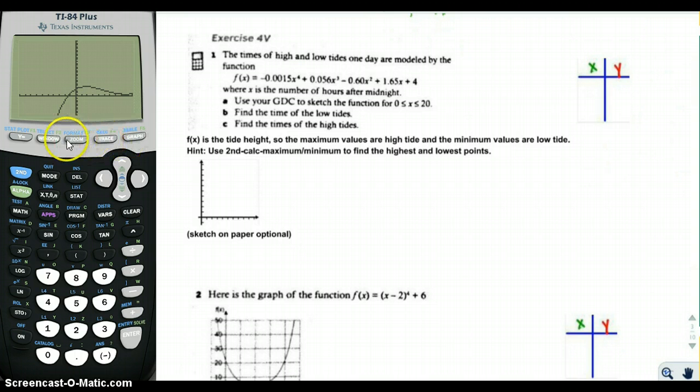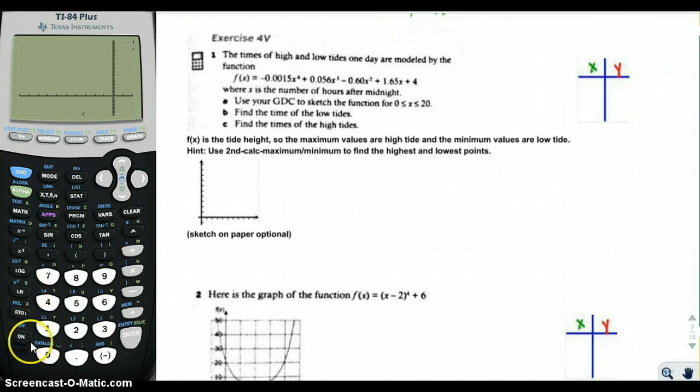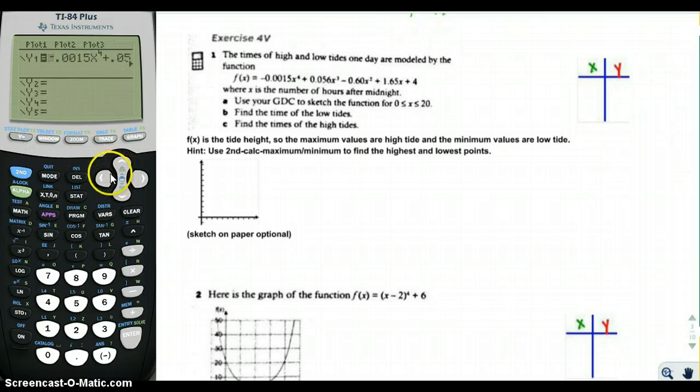Okay, and then we just need to fit a little bit more in here because it did say to graph it till x equals 20. Oops, that was a mistake. Oh, now it's got a graph. Okay. All right.